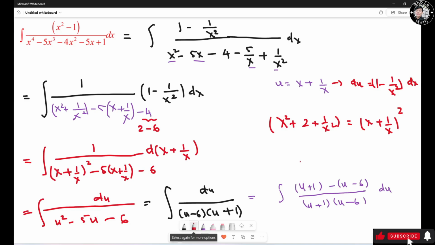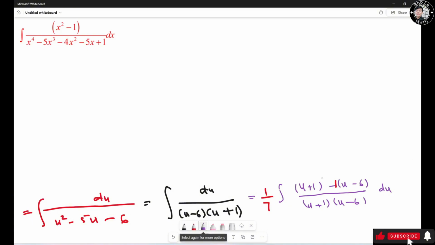Now on the top, if we simplify, we distribute negative 1, and it turns out to be u plus 1 minus u plus 6, so it's going to be 7. So we put 7 on the top and divide by 7 so that everything remains unchanged. Now we split this integral.